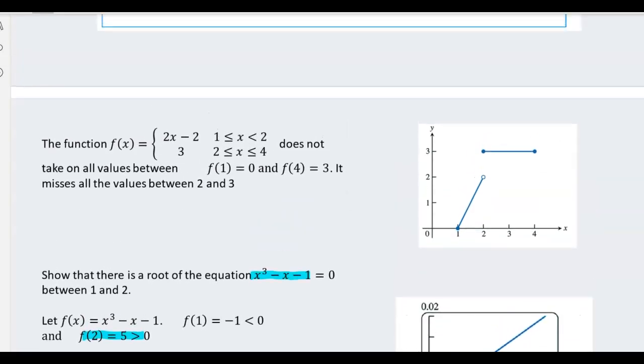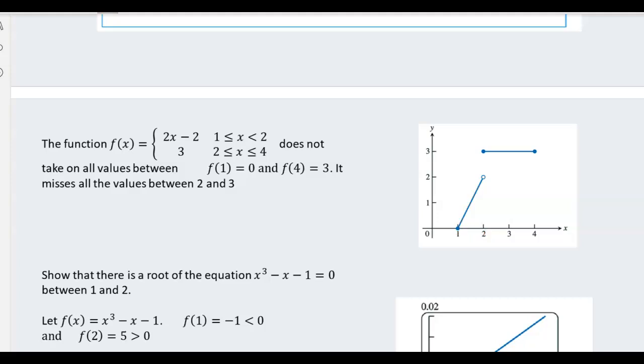Going back up to this first graph, we can see that this is a piecewise function. It takes on all the values between when x is equal to 1 and when x is equal to 2. It takes on all the function values in between those two, right? Between 0 and 2 in that case.